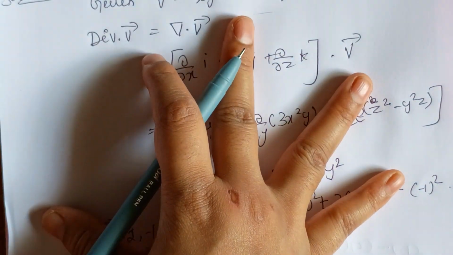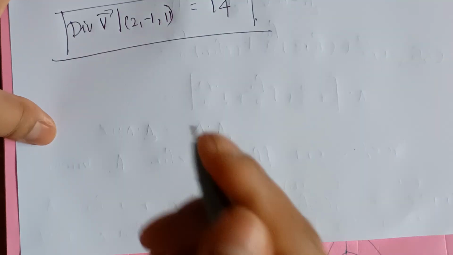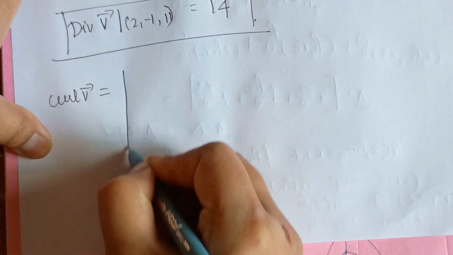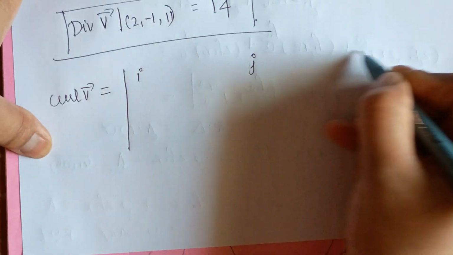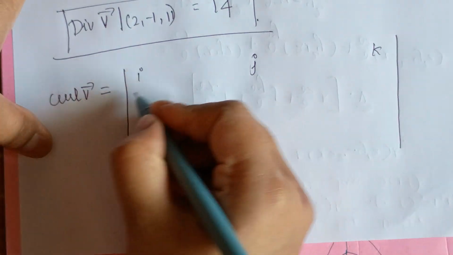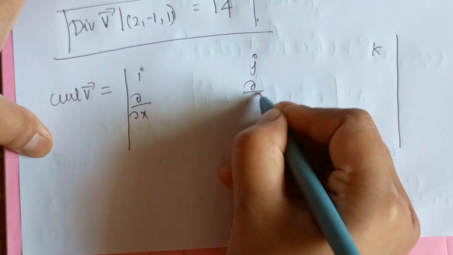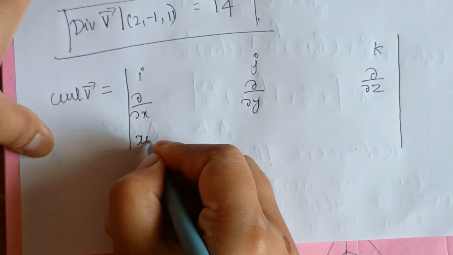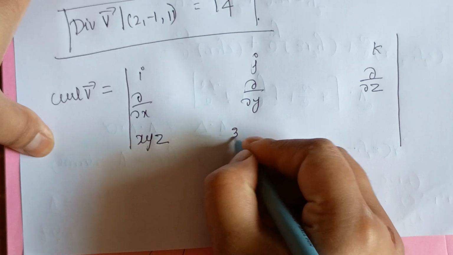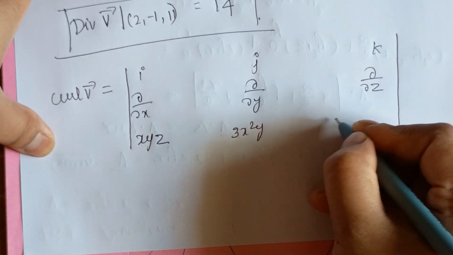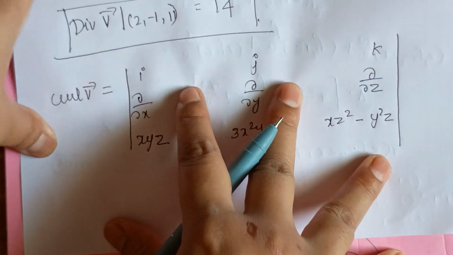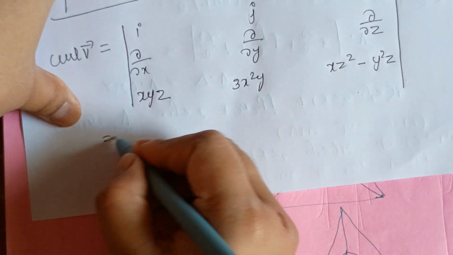Now we will find the curl. So curl of vector v is equal to the determinant with rows i, j, k; ∂/∂x, ∂/∂y, ∂/∂z; and xyz, 3x²y and xz² minus y²z. Now I'm just going to find the determinant of this.